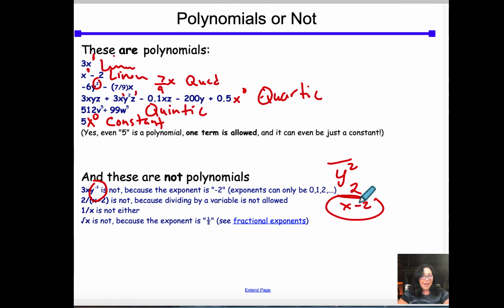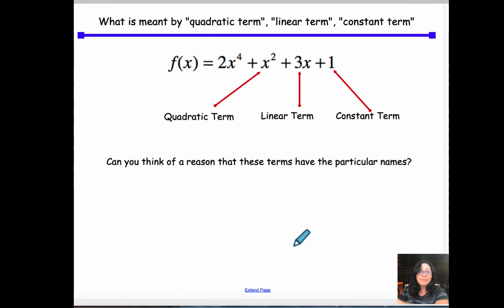Again, you can't have a variable in the denominator, definitely not a polynomial. 1 over x, variable in the denominator, no. No absolute values either, and no square root values. Remember, you could write a square root as a power, but if the power is not a whole number, it's not considered a polynomial.